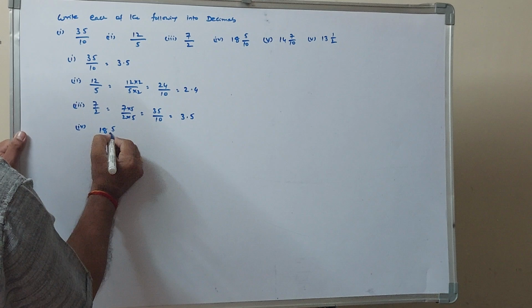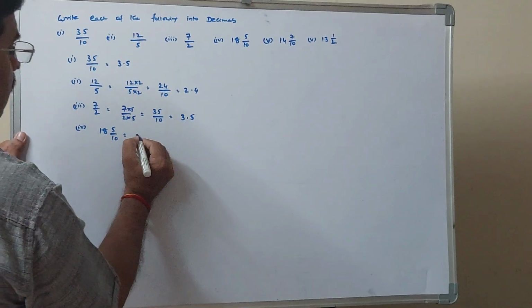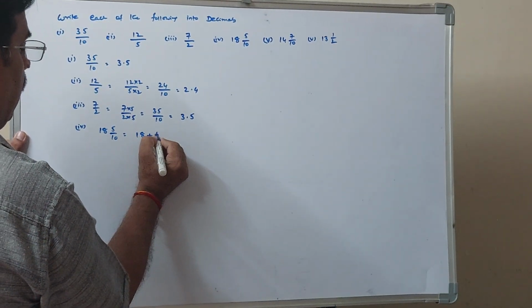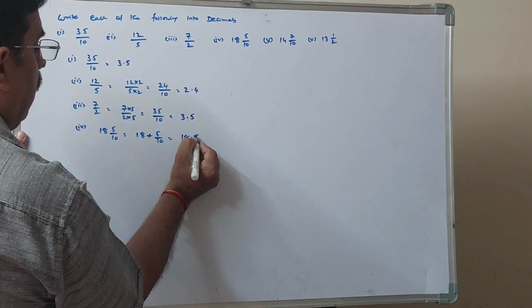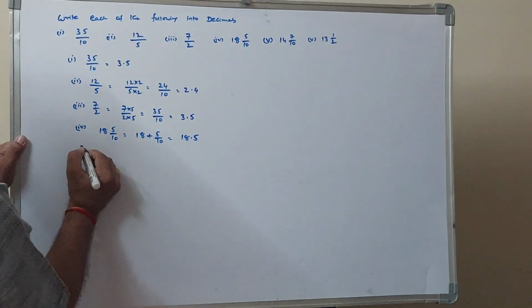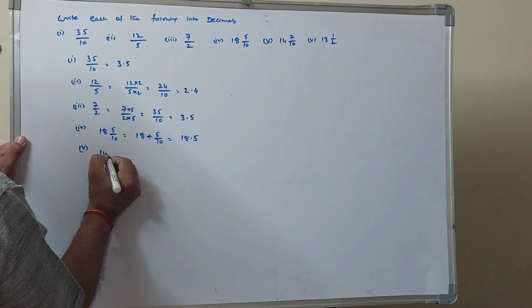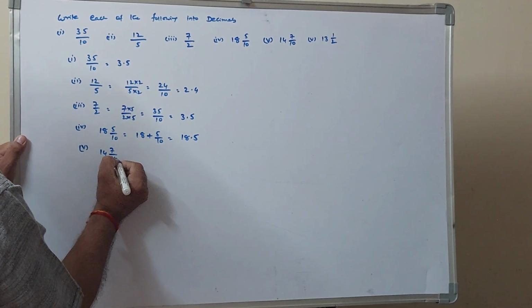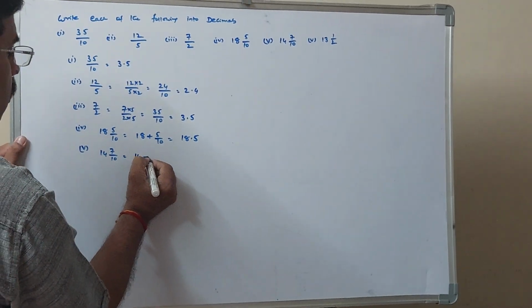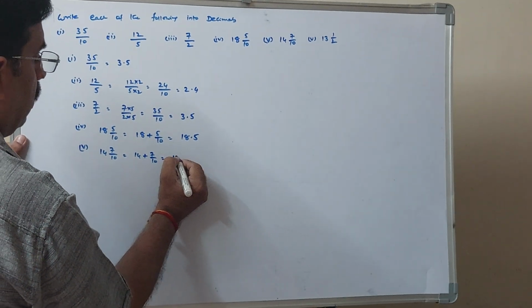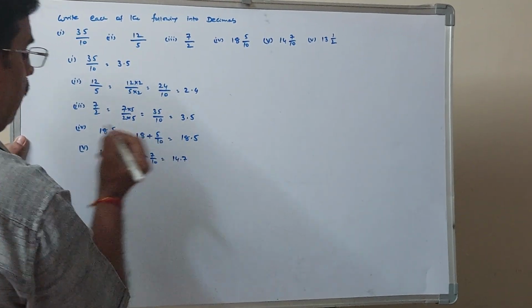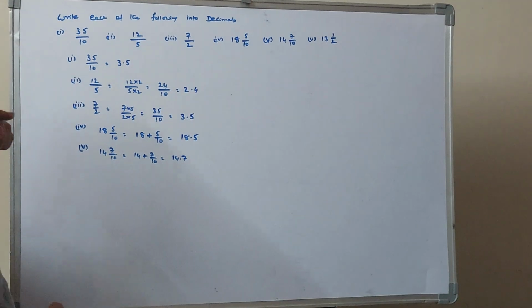Okay. Fourth one, 18 5 by 10. Simply write 18 plus 5 by 10, that is equal to 18.5. Fifth one, 14 7 by 10, that is equal to 14 plus 7 by 10, which is 14.7.